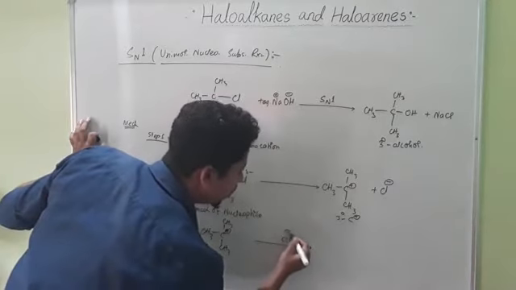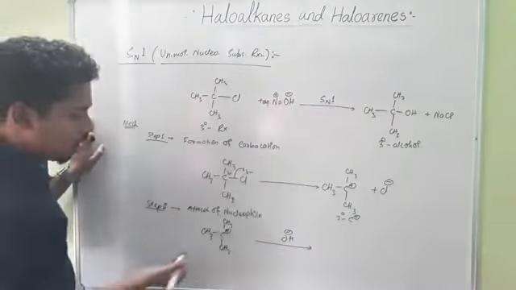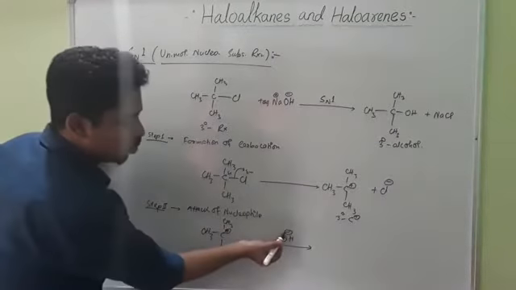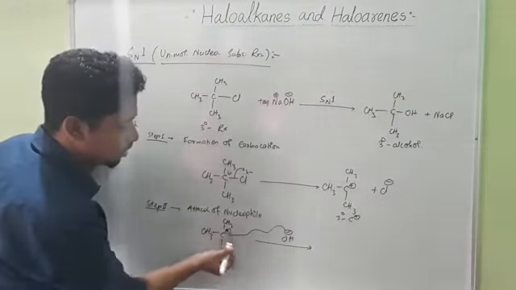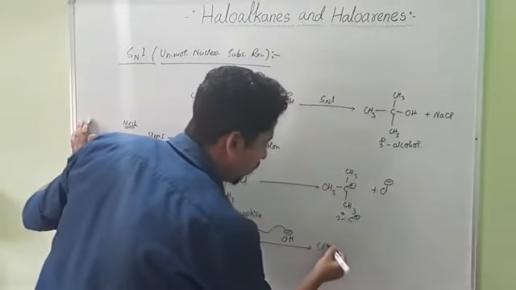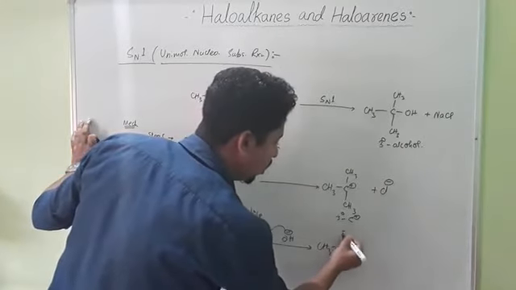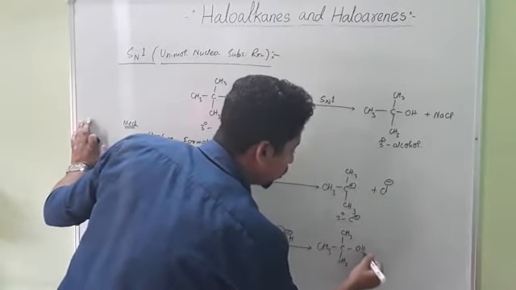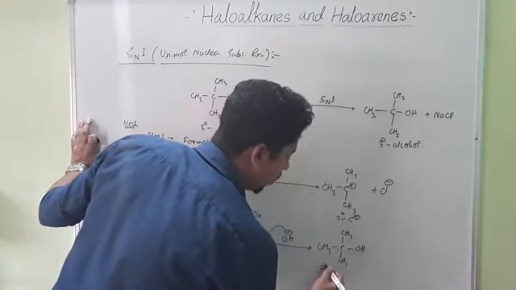Now you see this carbon requires 1 electron because it is electron deficient. So this OH minus will attack this C plus to form the product. It will form CH3, bond C, bond CH3, bond CH3, bond OH. So this is 3 degree alcohol.